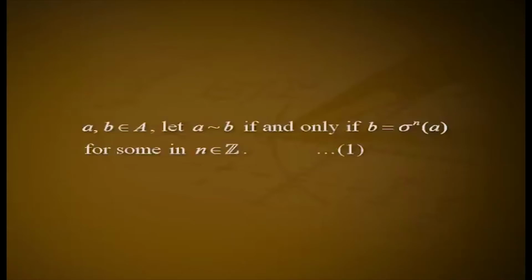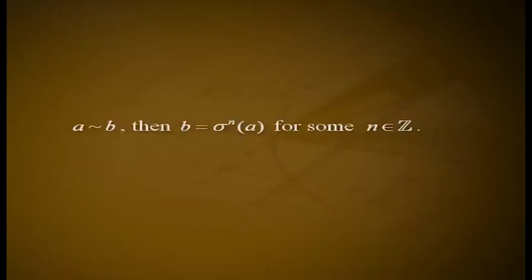For A and B belonging to A, let A be equivalent to B if and only if B is equal to sigma raised to n of A for some n belonging to Z. Condition 1. We now check that the equivalence defined by condition 1 is indeed an equivalence relation. Reflexive.